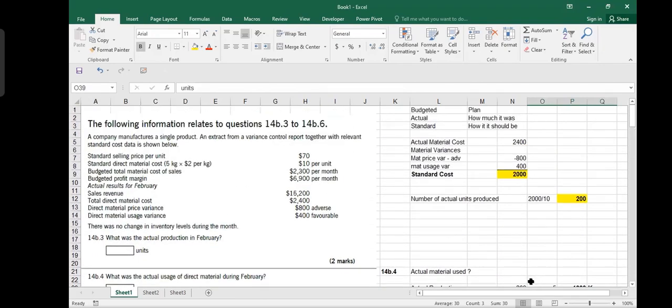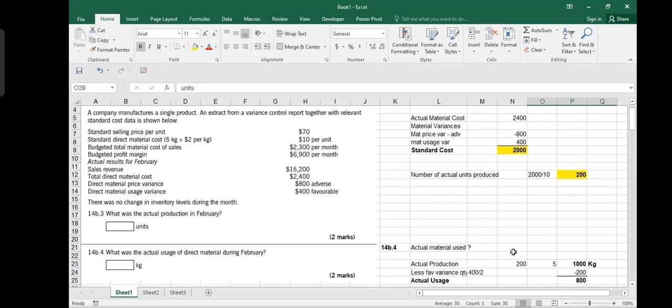So what is the question? In question, they tell us how much is the profit or how much is the contribution. They told us budgeted profit margin. Profit is 6,900. But 6,900 is for how many units?